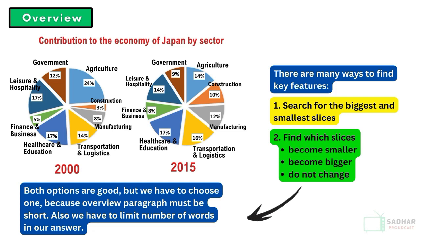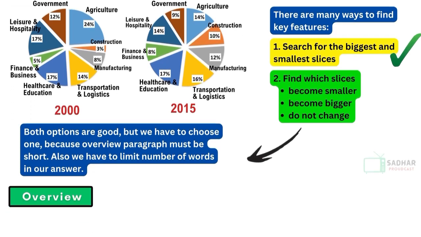Both options are good, but we have to choose one because overview paragraph must be short. Also, we have to limit number of words in our answer. And in this case, I choose 1, to search for the biggest and smallest slices.